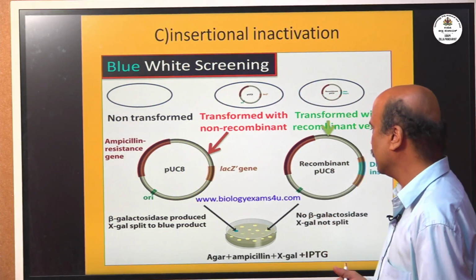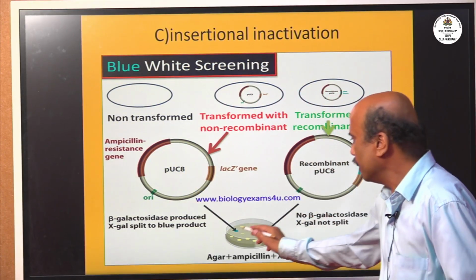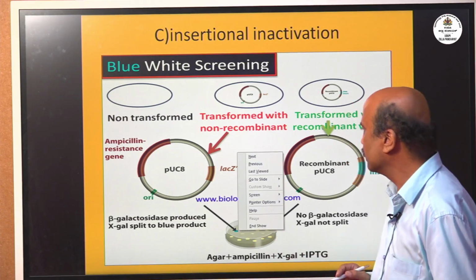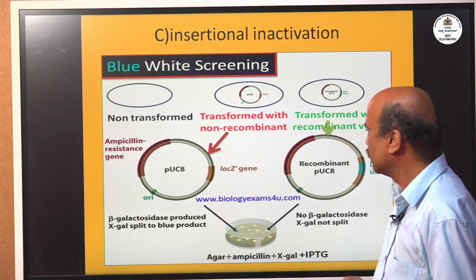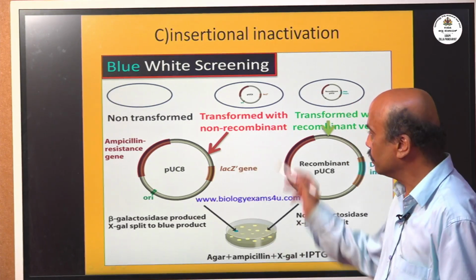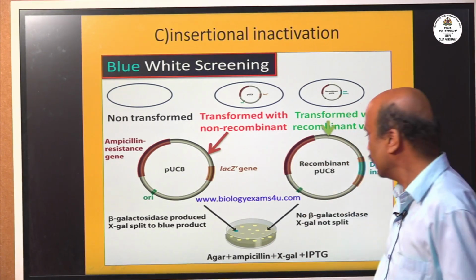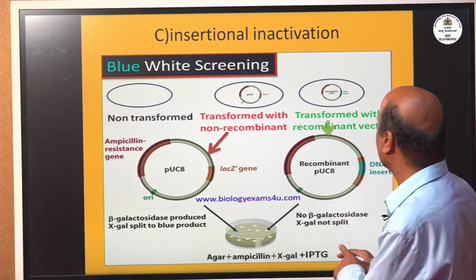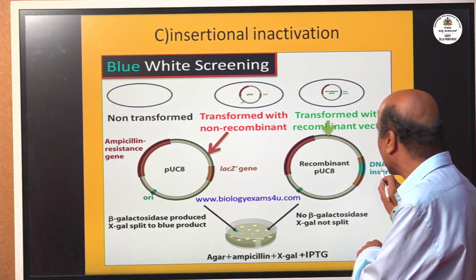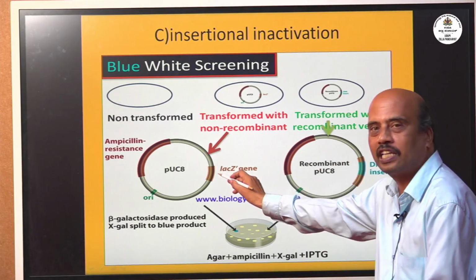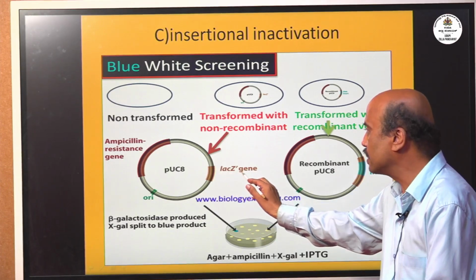See this figure here. If it appears blue in color, that means our gene is not present. If it appears white, it means the DNA insert is there. The blue one has no DNA insert; the LAC-Z gene remains intact.